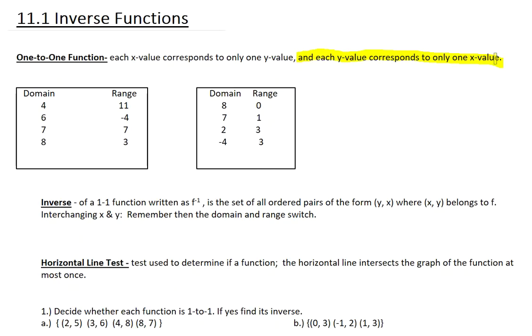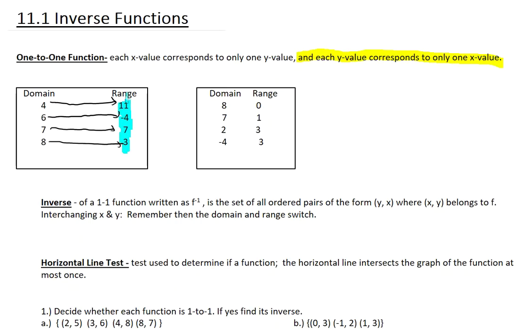So we have two examples right here in the boxes, and we have four domains that are being assigned to ranges. What you're going to do basically is look at your domain, and there are no duplicates of the x. So that tells us it is a function. Then we'll go to the ranges, which is the y, and there's no duplicates of the y.